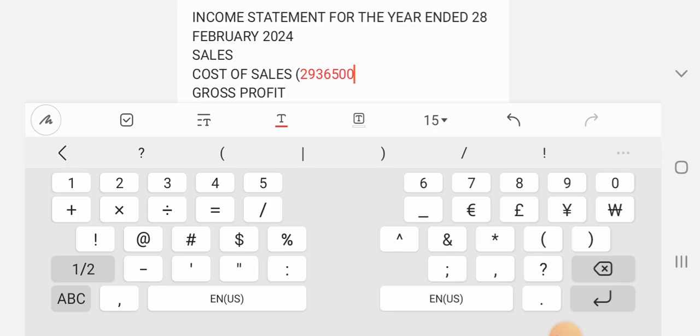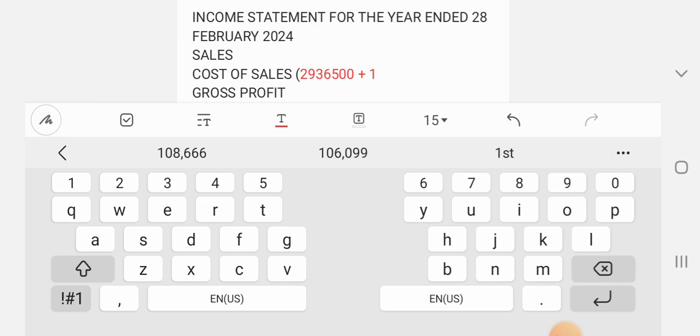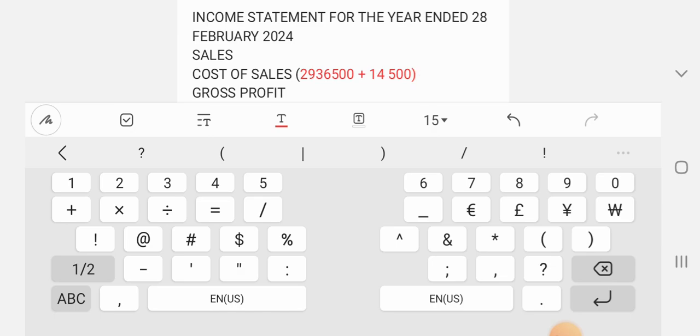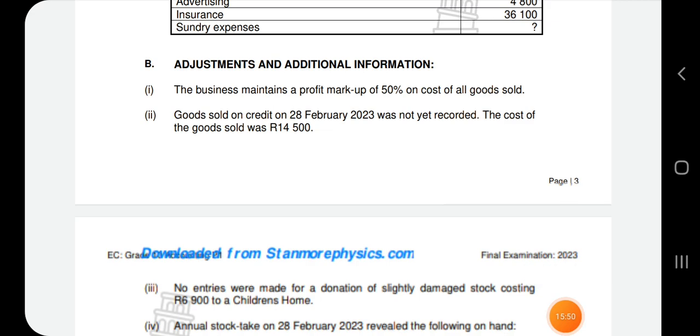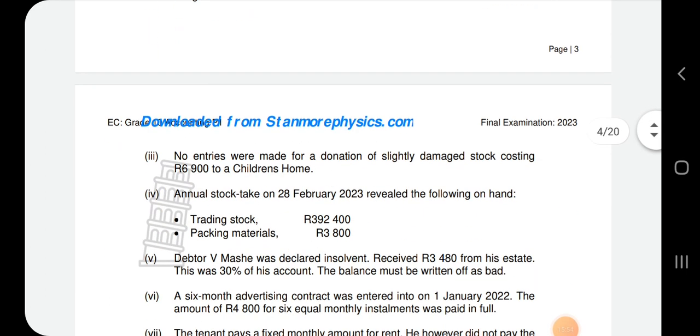That's how much we had, and then we're going to add the goods which were not recorded, which is 14,500 rand, and then close the bracket. This is how we are going to write that calculation. So we have dealt with adjustment number 2, and then let's go down.